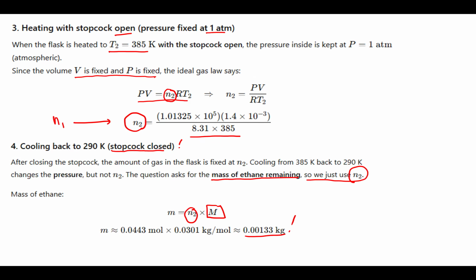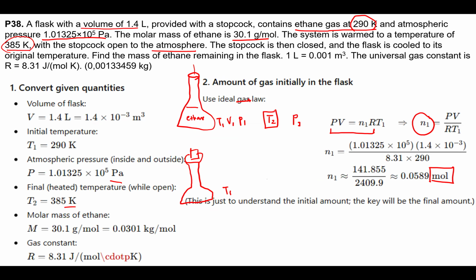That's what is happening. As the temperature goes up, some of the ethane gas is going to leak out, and that's the reason why N2 is changed. So at temperature T1, the volume is the same, and inside the flask it initially is N1 and then N2.